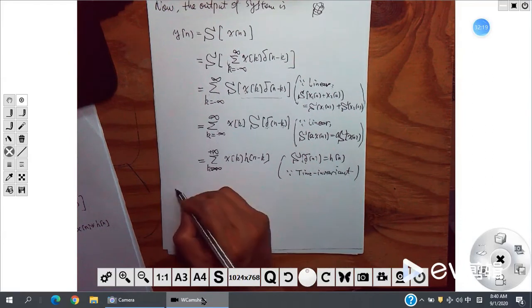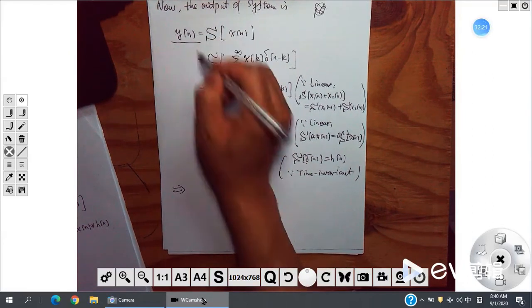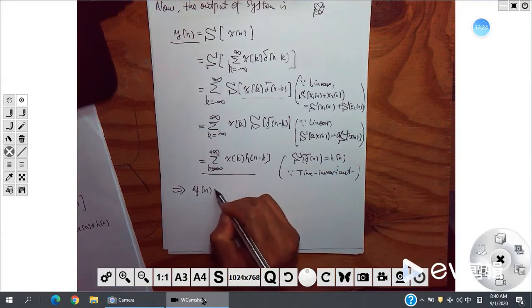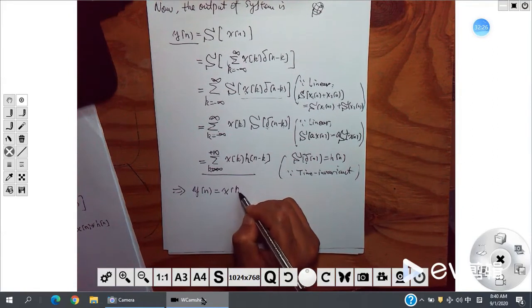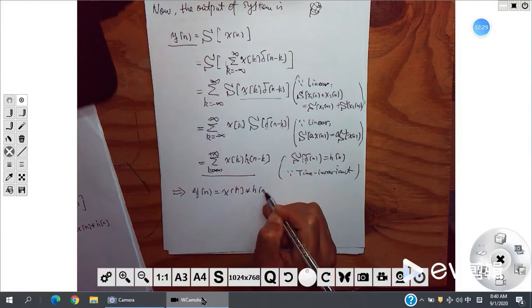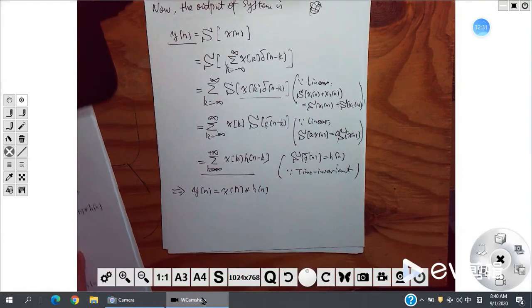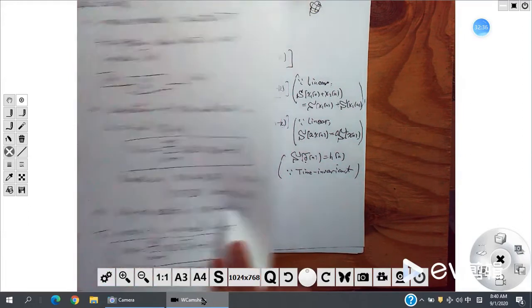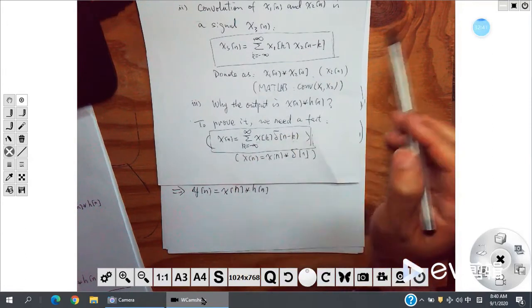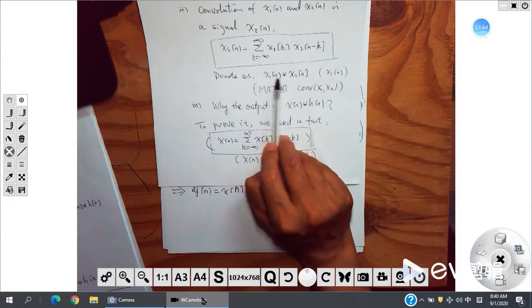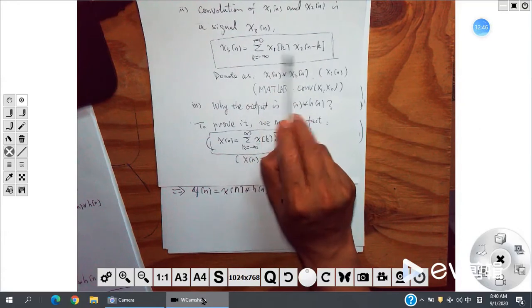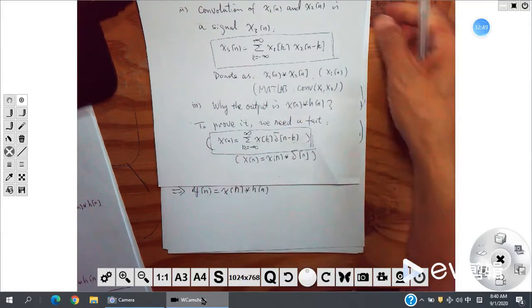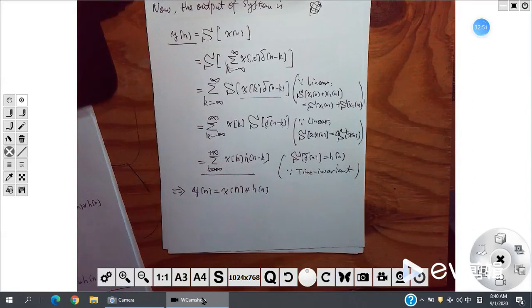Now we have this one and then this one. Actually, this is y of n equals x of n convolution with h of n. You can check the definition of the convolution: the convolution of x1 and x2 gives this one, where this is x1 and this is x2.